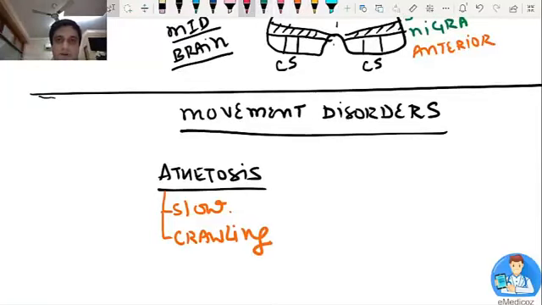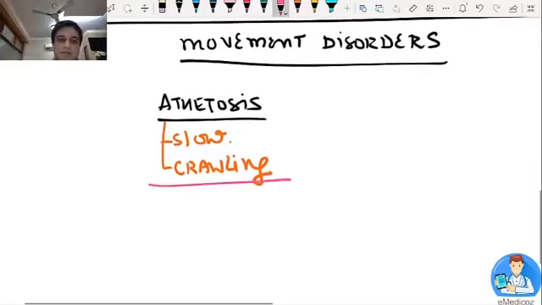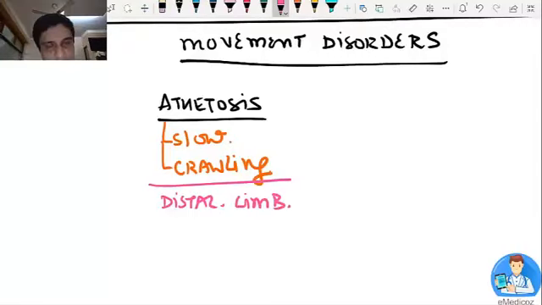Okay, it's a slow crawling movement seen in the distal limb. So remember this. There are some movement disorders like this. Write it down, athetosis. It's a slow crawling kind of movement in the distal limb.